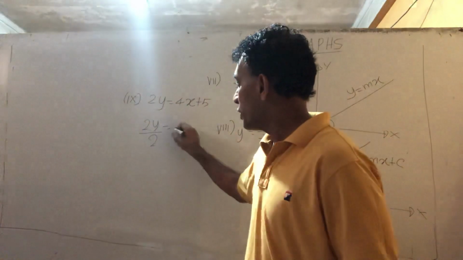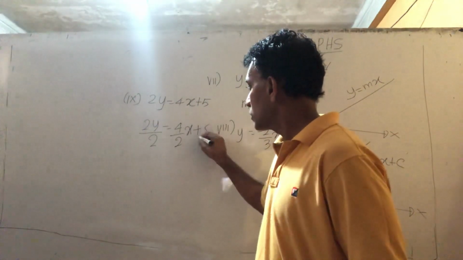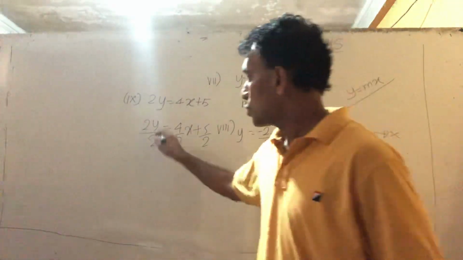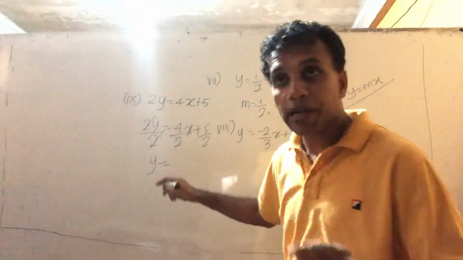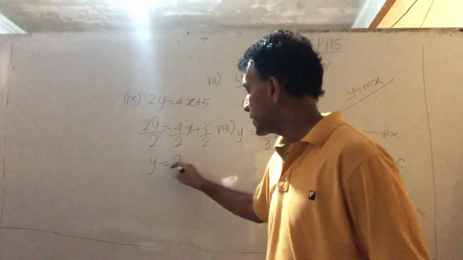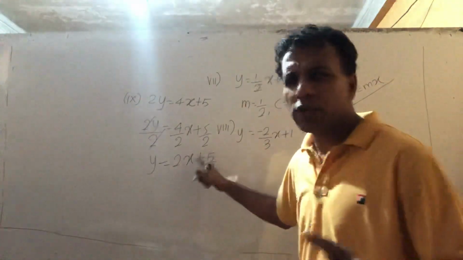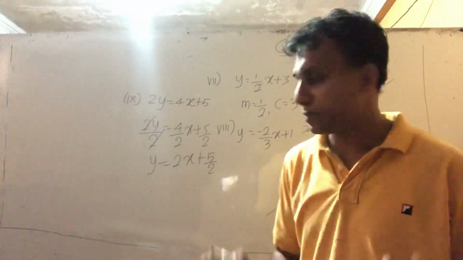So everywhere divide by 2 in an equation. So the 2 cancels, y equals 4 divided by 2 is 2x plus 5 over 2. No need to give a decimal, 5 over 2 is enough, or 2.5 is enough, no matter.